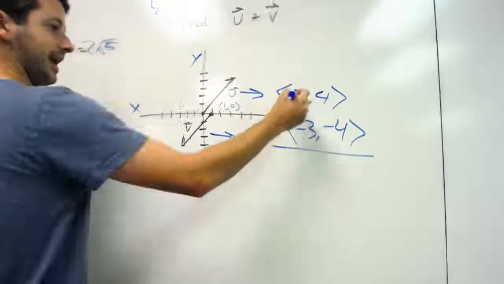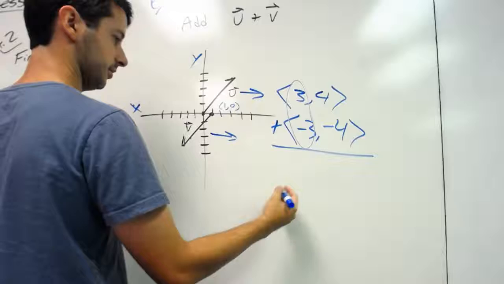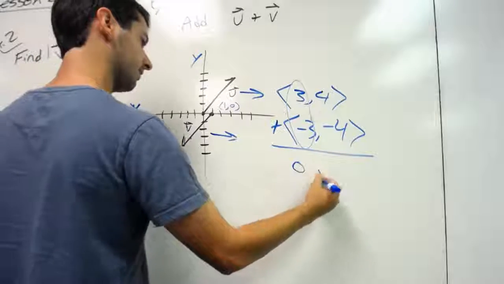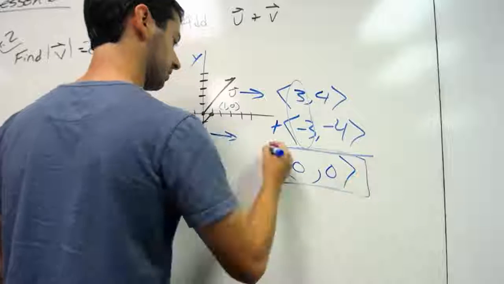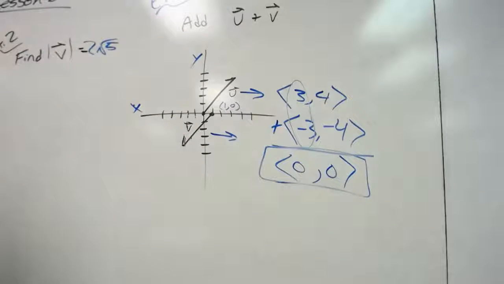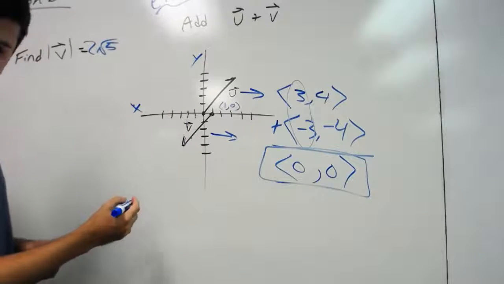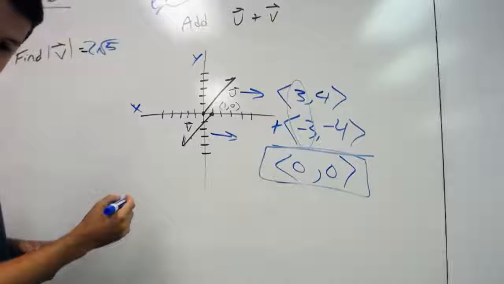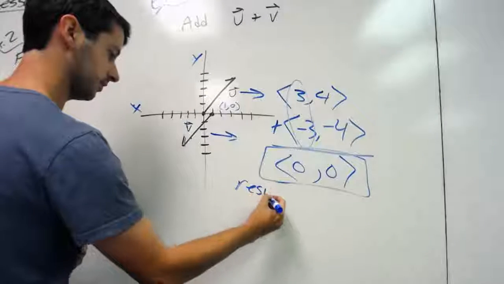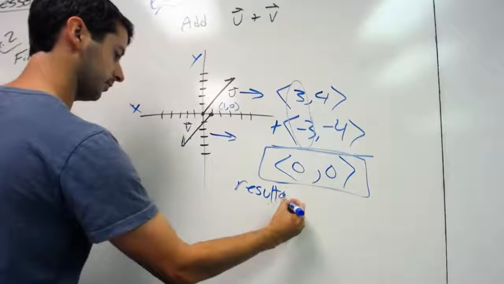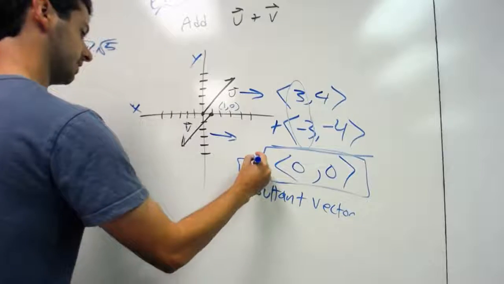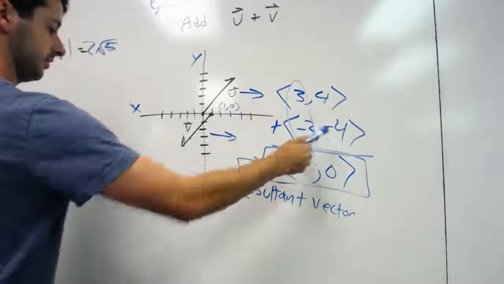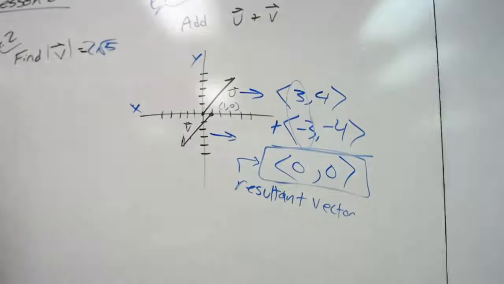And you simply add the top to the bottom, and that's 0 in both of them. So its resultant vector would be 0, 0. That's the name we would use, resultant vector. And you can kind of tell since it's 0, 0, therefore it is opposite vectors.